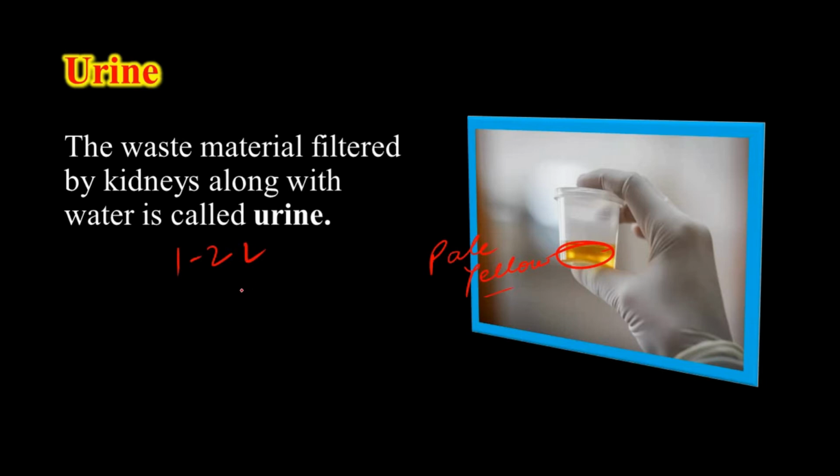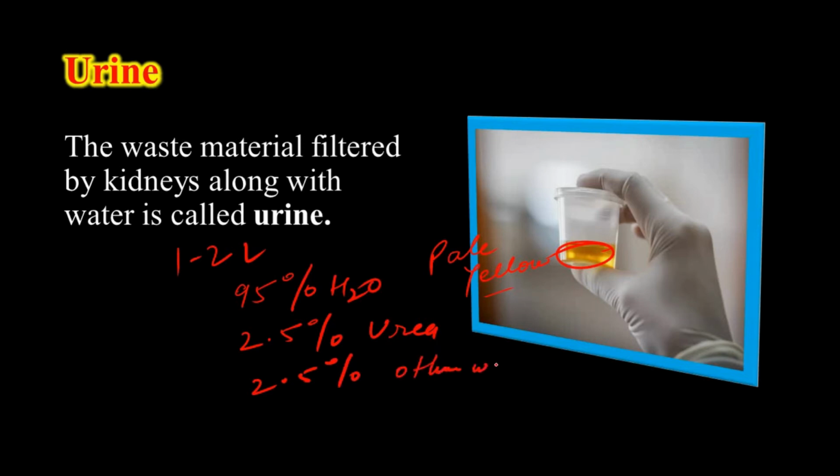And students, urine contains 95% water and 2.5% urea and the rest 2.5% are other wastes, and urine is passed out through the urethra from time to time.